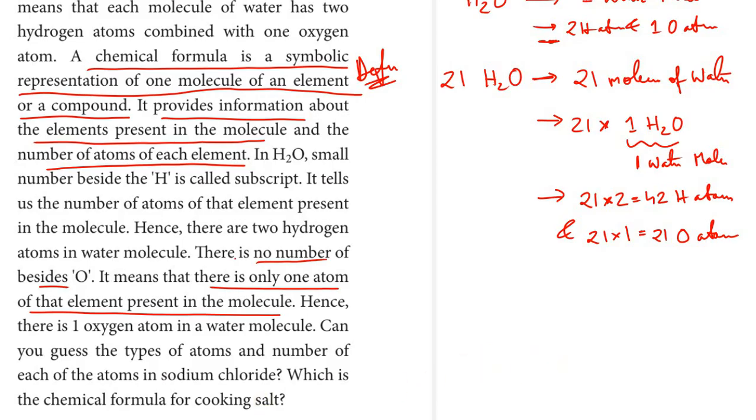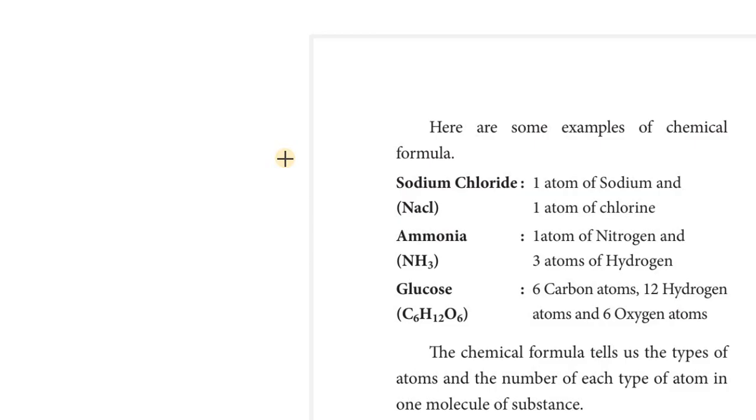So what about cooking salt, students? See, there are some more examples of chemical formula. We have already talked about water molecule H2O. Now here we have sodium chloride, NaCl. Here this is sodium, this is chloride. So NaCl basically represents one sodium atom and one chlorine atom.